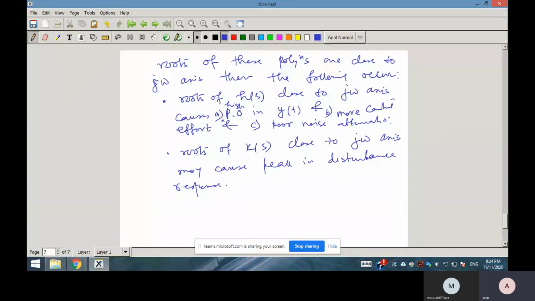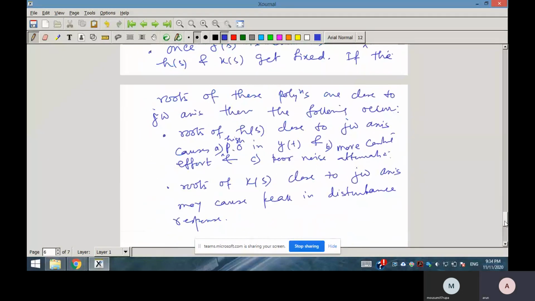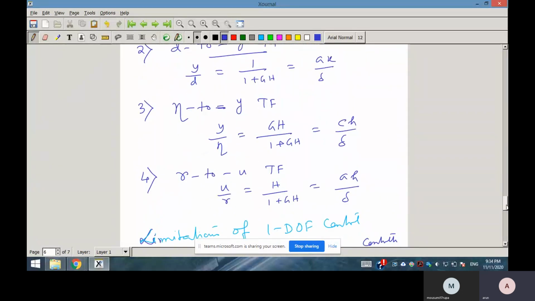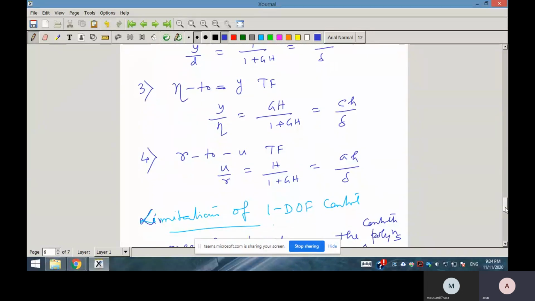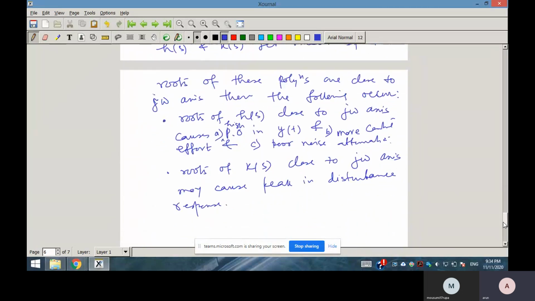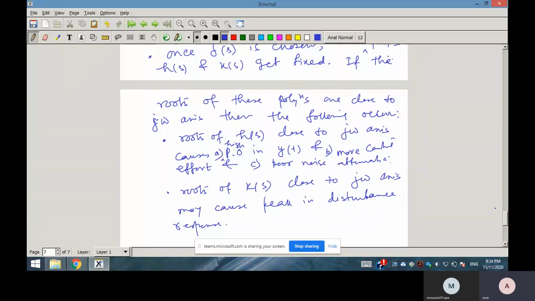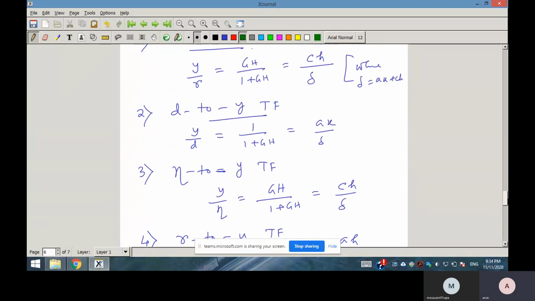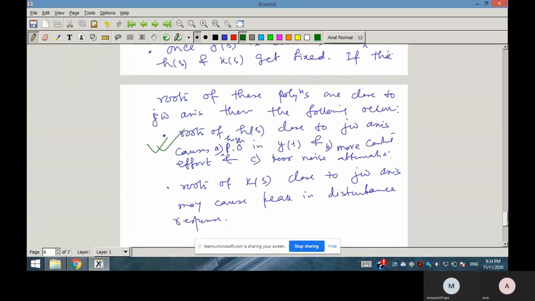This occurs because the roots of HS are in an undesired position, close to the imaginary axis. Also, if the control gains HS and KS are high, then control effort also will increase. So many things will be there. The main limitation is this one, and it is very important. These roots of HS will cause a lot of problems.